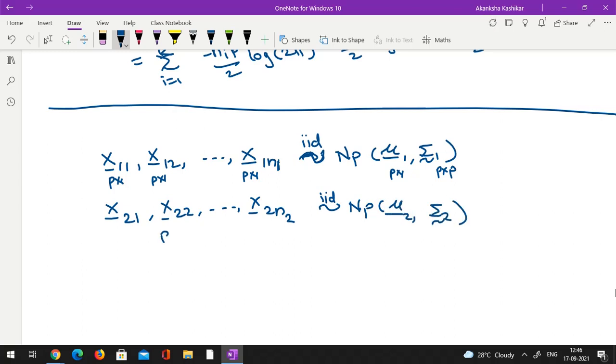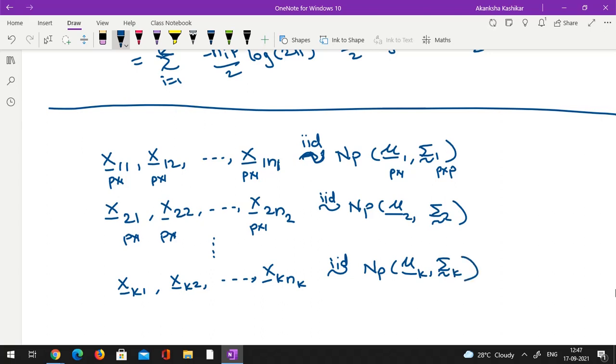Each of these is again a p cross 1 vector, but they are now coming from the second p-variate normal population, and the number of observations can be different. Similarly, x_k1, x_k2, up to x_kn_k are IID N_p(mu_k, Sigma_k). Okay.